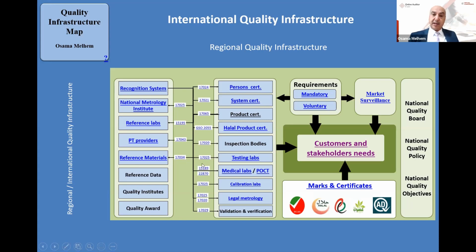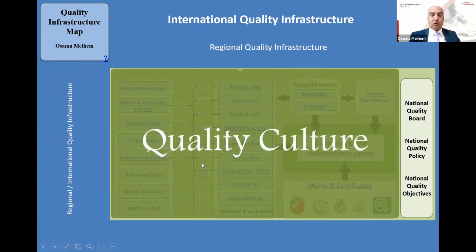All what I have talked about will not be achieved at all unless the society has quality culture. So people within the society, they believe in quality. So it is not just a matter that we are meeting the regulations, and if nobody is watching me, is controlling me, I will not produce a quality product. So we need the culture. So everybody in the society, everybody in the CAB, they believe that quality is something we are believing on it.